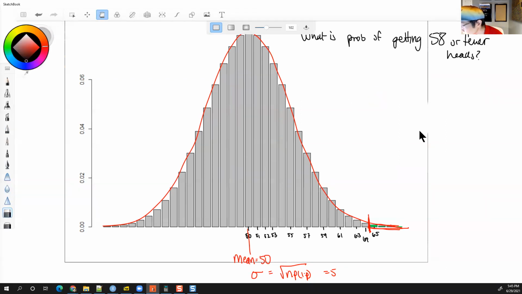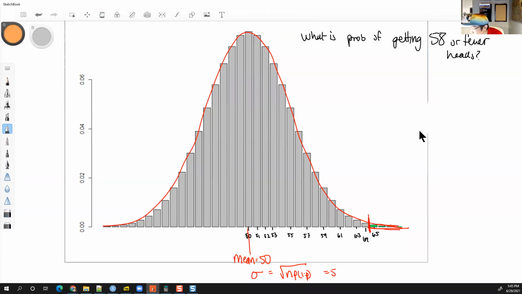If I were to color this, I would want everything 58 and lower. So where would my cutoff be?